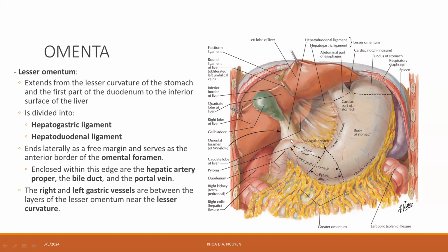So imagine all of those vascular components running within here, like that. Now, the right and left gastric vessels, right gastric vessel here and the left gastric vessel here, are in between the layers of the lesser omentum, and they are near the lesser curvature of the stomach. So they are here and they are here. And that is very important, especially when you have to find the vasculature of the stomach in surgeries. All right. Very important.